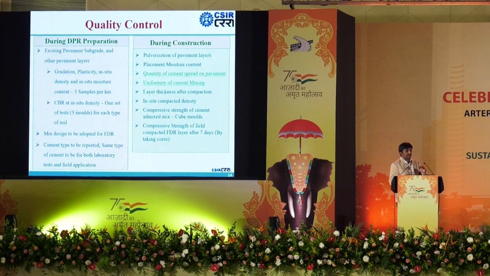Let's say we are targeting 250 to 300 mm, whether you're getting the right thickness or not, we have to check it. In situ compacted density, and the compressive strength of cement admixture cube moulds. The same after construction, we have to take a core and check the strength, whether we're getting the target strength or not.